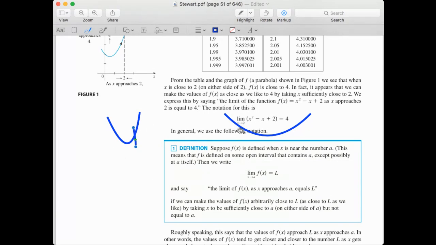All right, so we can talk about the limit of any function, right? From the left, from the right. If a limit exists, what does this notation mean? This notation, this is so annoying. This notation means the left limit equals the right limit, right?